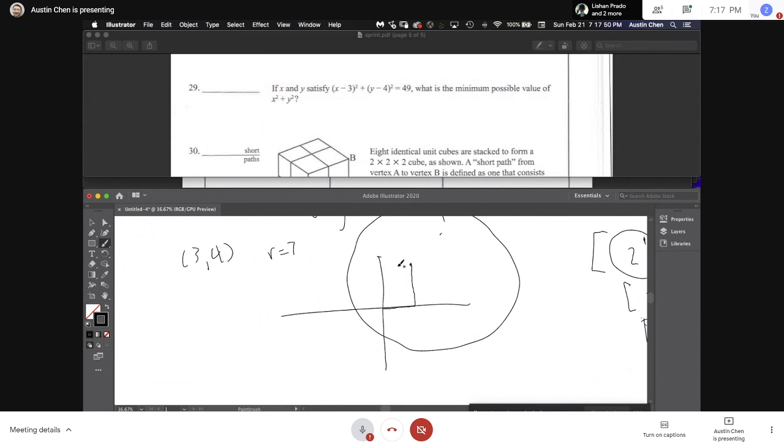So we can also use our graphed equation and think about x^2 + y^2 graphically to find its minimum. We can think of the circle again, and now we need to minimize the distance from a point on this circle to the origin.